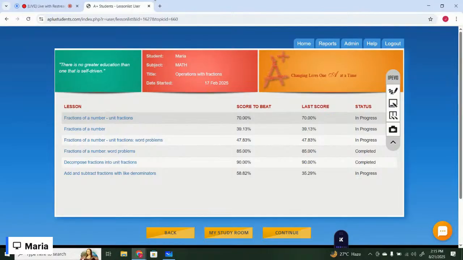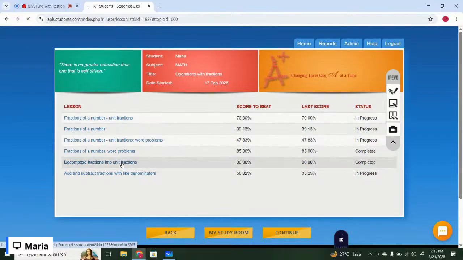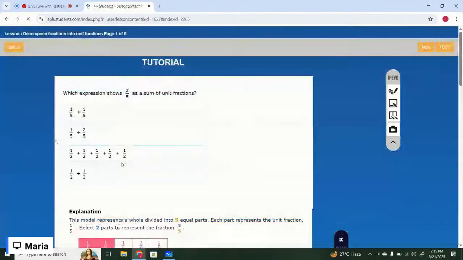The next lesson is decompose fractions into unit fractions. Which expression shows 2/5 as a sum of unit fractions?